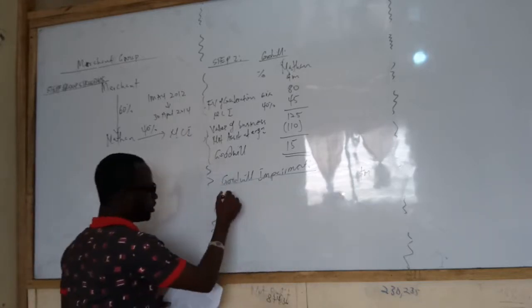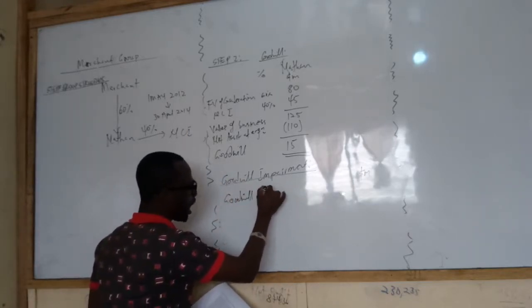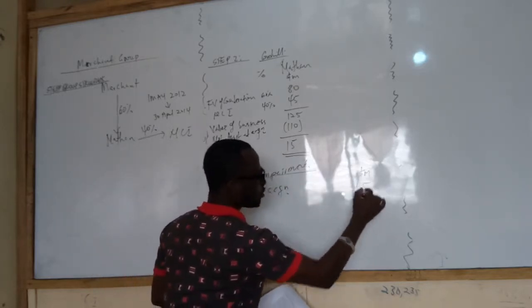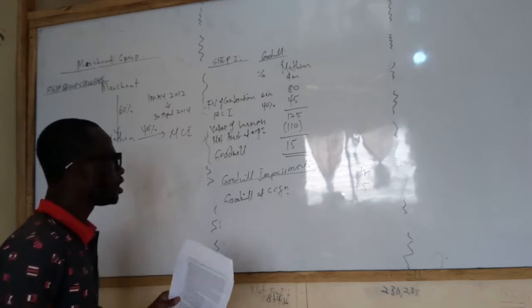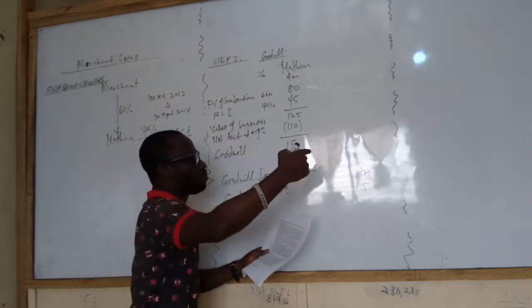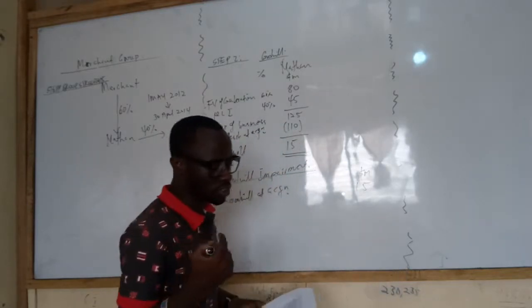So now, goodwill at acquisition. Now I want you to stay with me here carefully. Goodwill at acquisition is 15. Then we are told that it has been impaired by how many percent? 20%, as at that date.